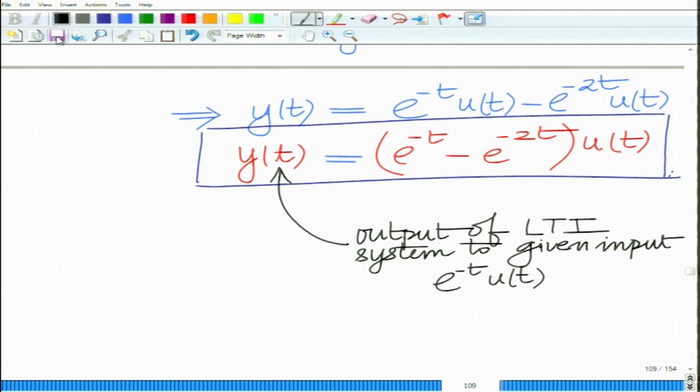Okay, so, that is the output to the given input e raised to minus t u(t).